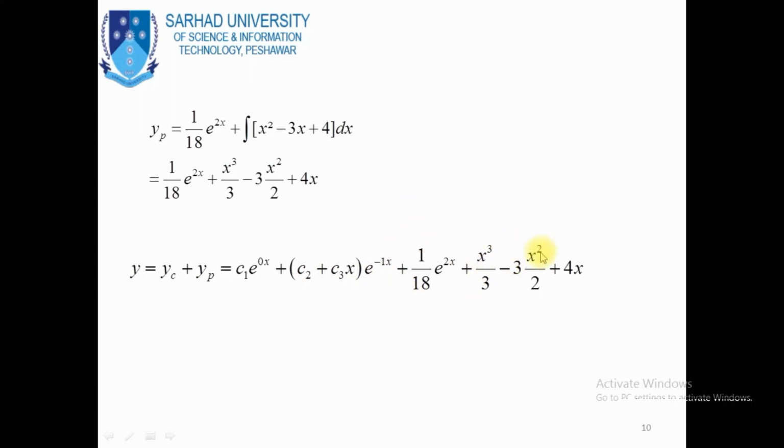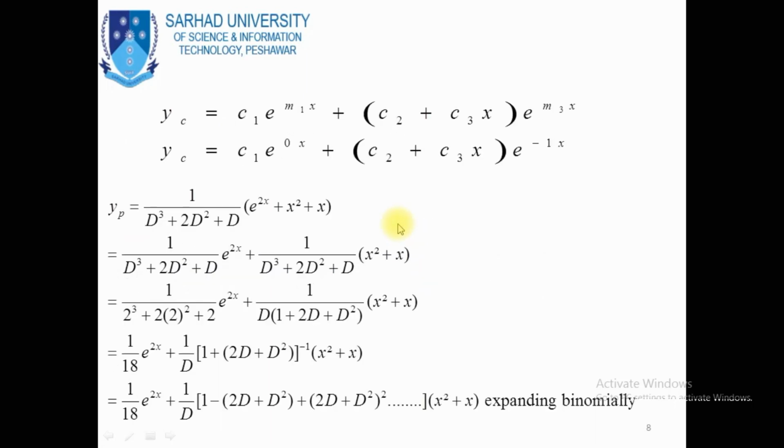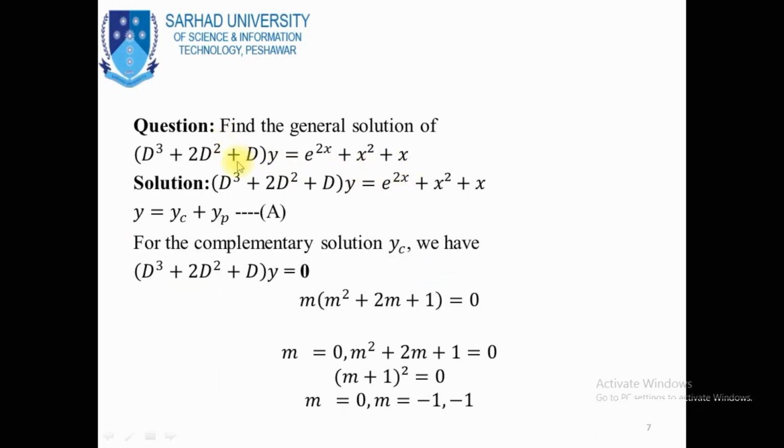So dear students, the conclusion of this lecture is how to find the particular solution when we obtain a polynomial in the given non-homogeneous linear differential equation. Suppose this is a polynomial x square plus x; in this problem, you see over here, this is a polynomial.